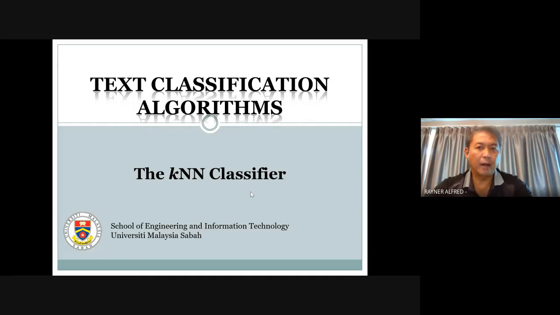Okay, so we continue with the text classification. Last Thursday, we looked into text classification using decision tree and how we construct the tree. So today we will look into another classifier called kNN classifier.